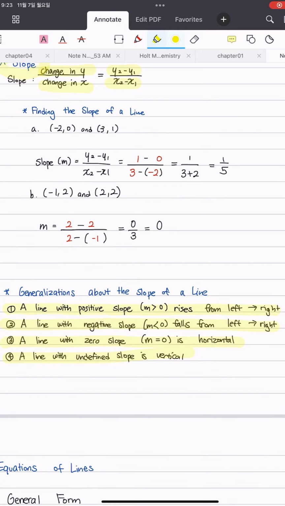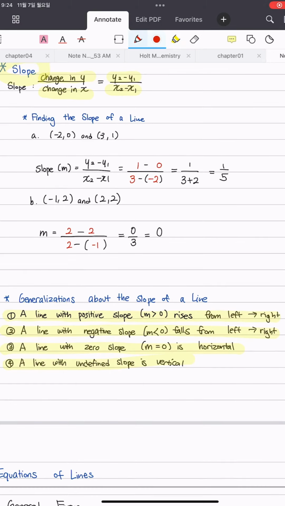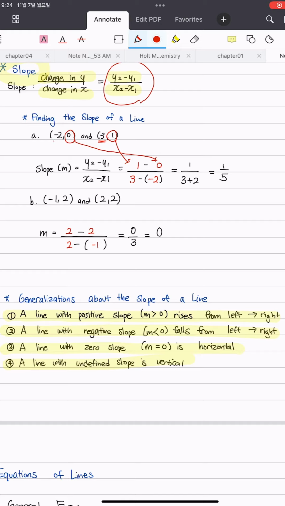This graph has 2 points of (-2, 0) and (3, 1). To find the slope of this function, we can apply what we learned here. So we can put 1, which is y2, and then y1, which is 0, and for the denominator, we can put 3, which is x2, minus the negative 2, which is x1.